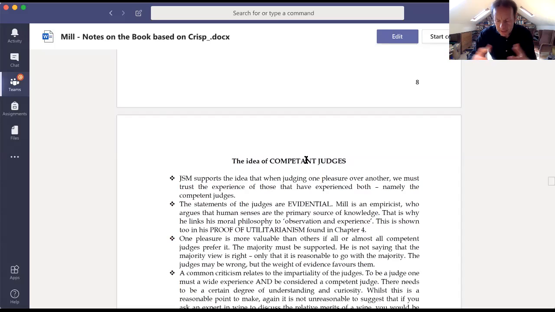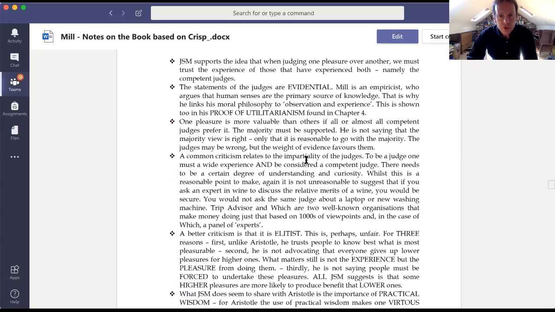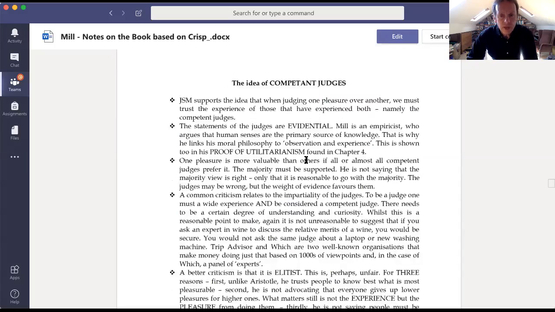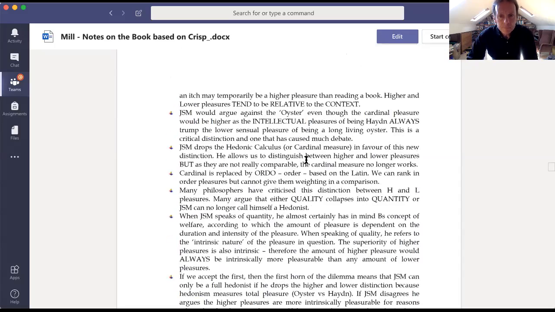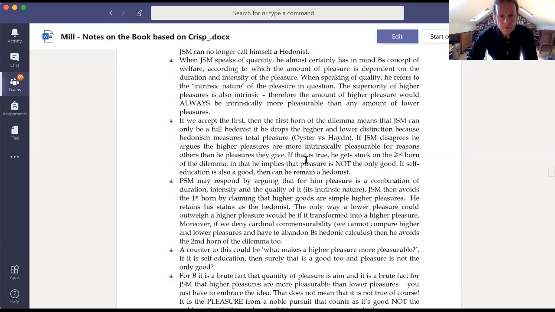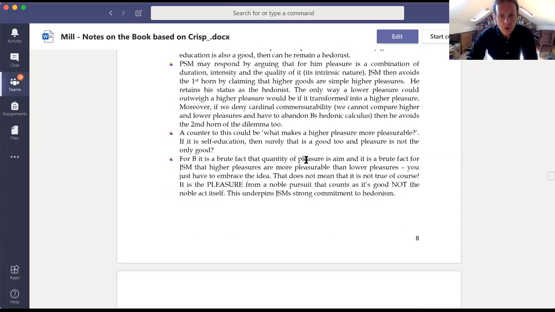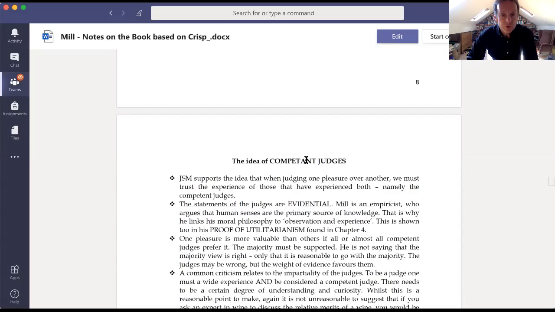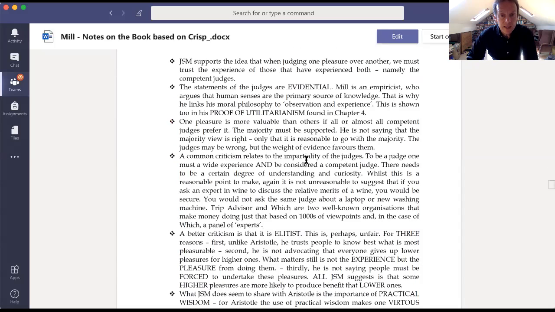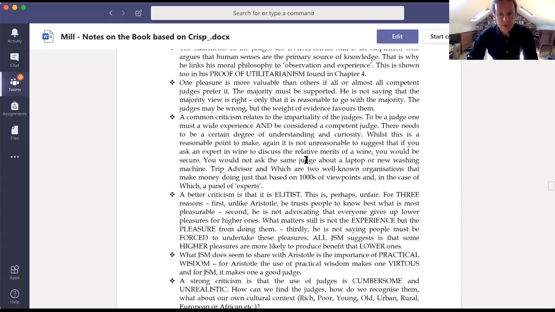But pleasure is quite subjective. If you take websites like TripAdvisor or Which that are mentioned on page 8 here, then people take a very different view on what constitutes a successful trip, and that can be quite subjective. So how do you judge that?